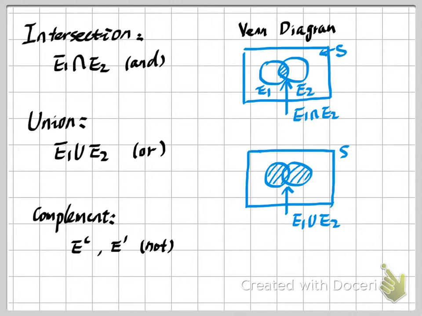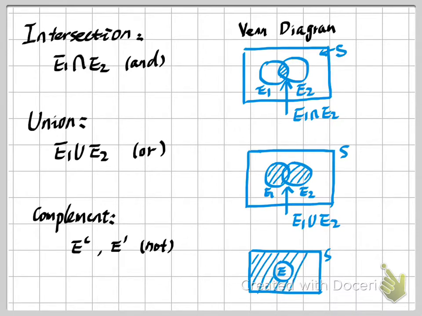Okay, and for this one, similarly with the previous definitions, we also use the Venn diagram to show the meaning. The only difference is here, instead of two circles to show two events or two sets, we have only one circle to show one set E, and the complement of E is the part not inside this circle.